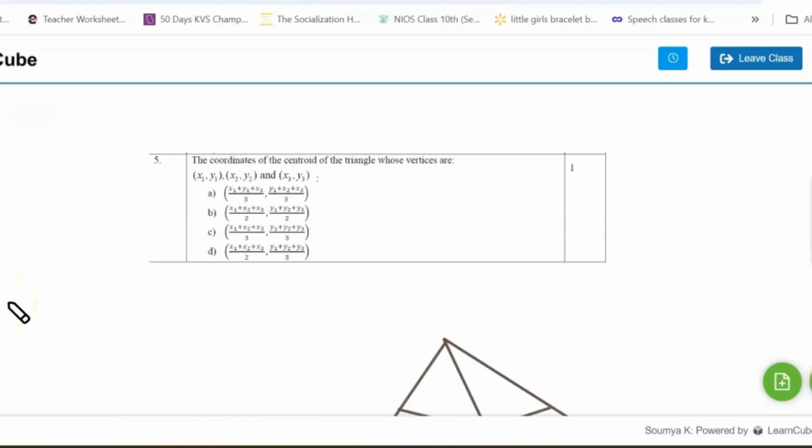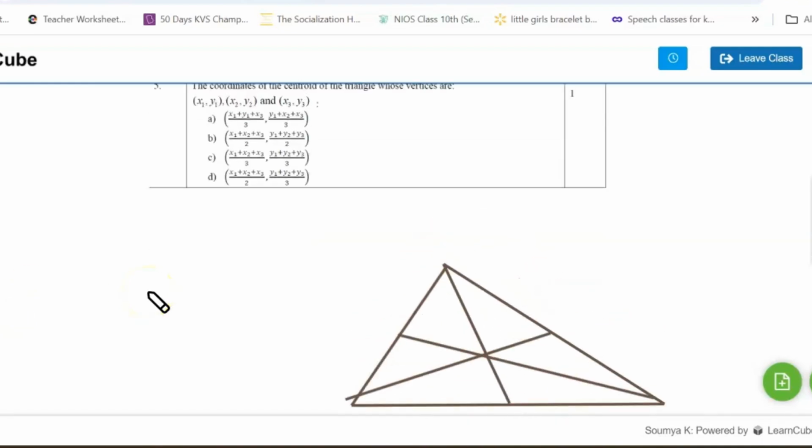Next question is the coordinates of centroid of the triangle whose vertices are given. So the formula we have to know. Before that, we have to know what is a centroid. So consider it is a triangle where you have got ABC as the vertex and these are the medians of this triangle. A median is a line that connects the vertex of the triangle with the midpoint of the opposite side.